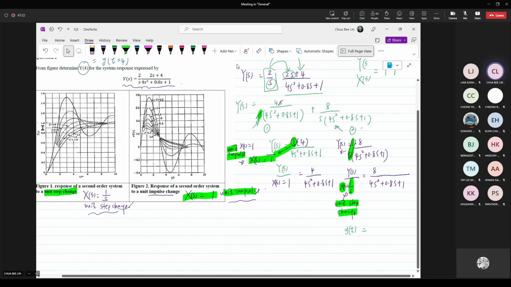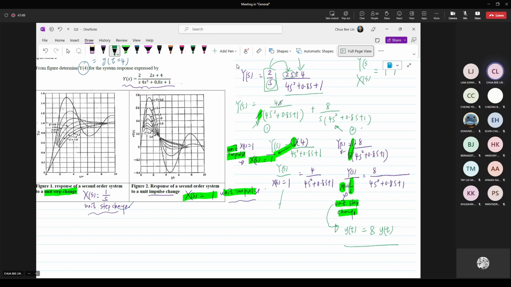The y(t) is given, so you no longer use the Laplace table to convert Y(s) to y(t). The graph is given to you. So this is y(t). But now here it is 8, so the whole thing here is 8 y(t), and you have to use the unit step change for this. And here is the unit impulse, and you already have 4 here. So your y(t) will be 4 y(t).